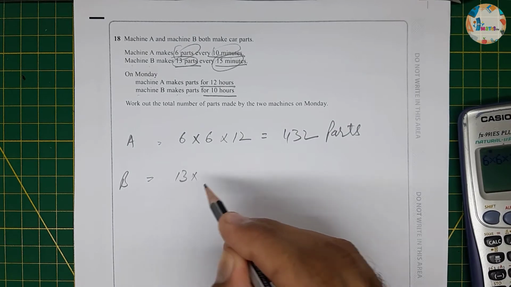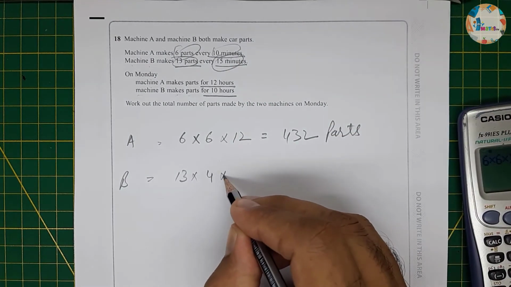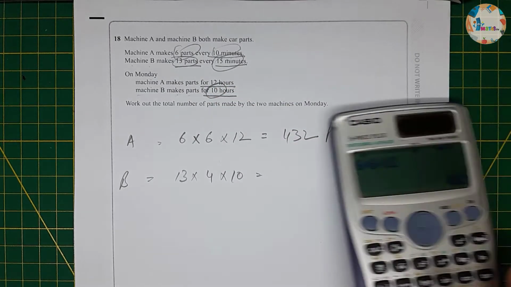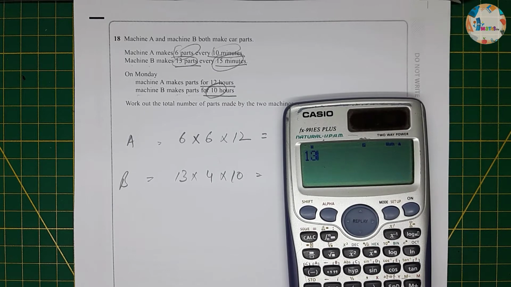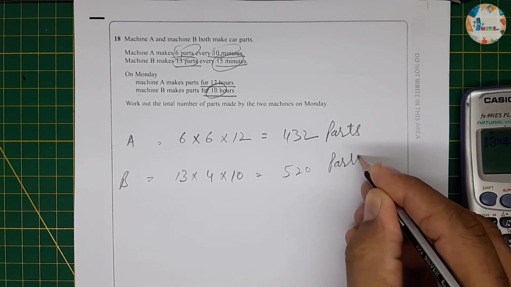And in case of machine B, this will be making 13 parts in 15 minutes. There are 4 15s in 1 hour, so 4 into, and the machine is working for 10 hours, so multiply by 10. This will be equal to 13 into 4 into 10, which is 520 parts.